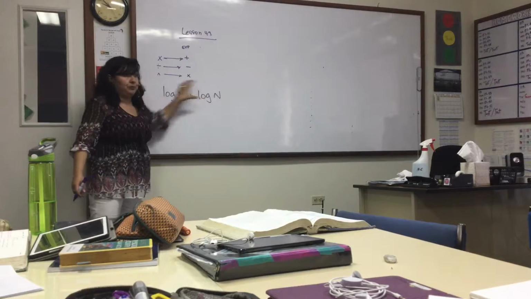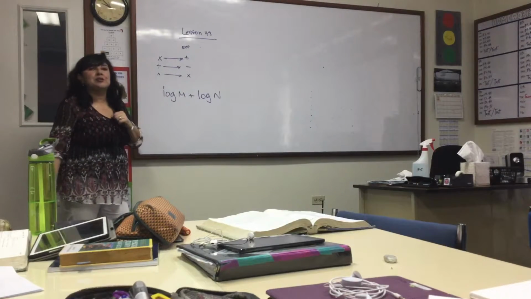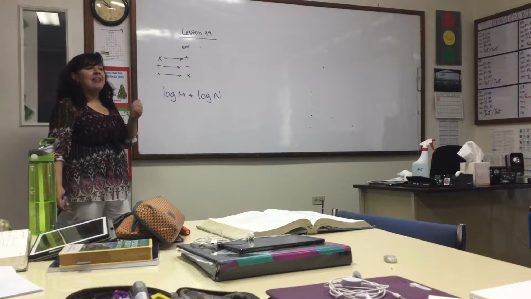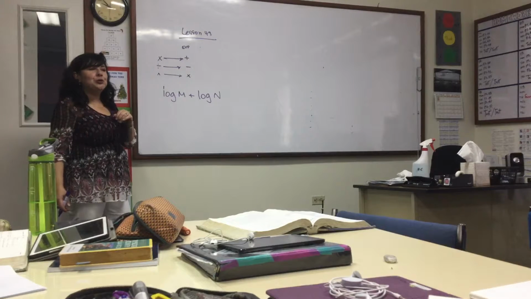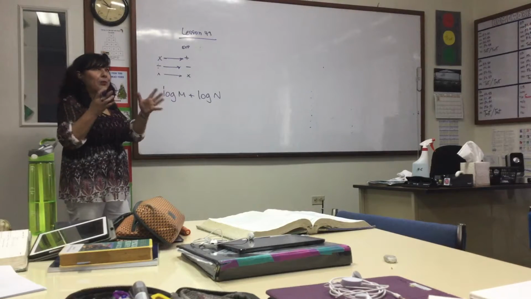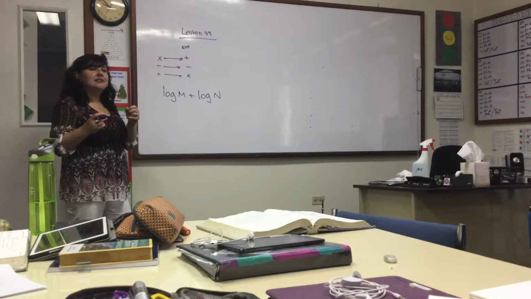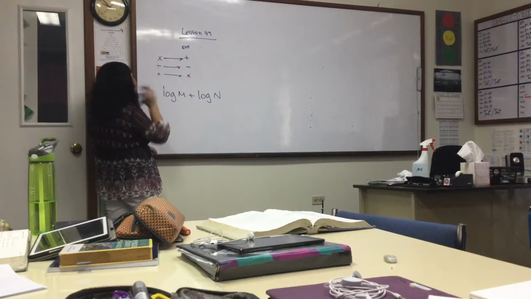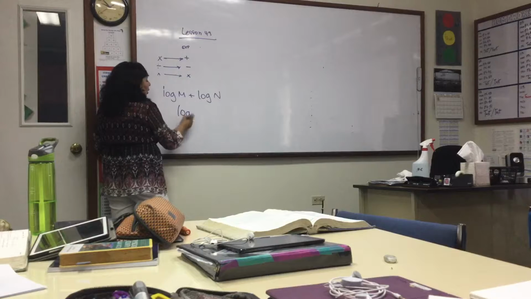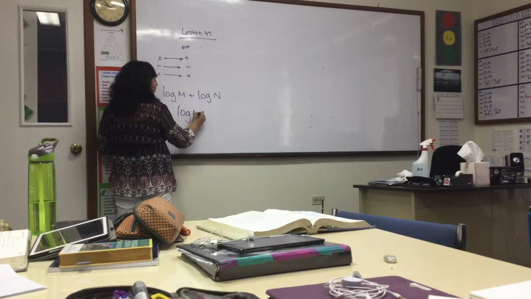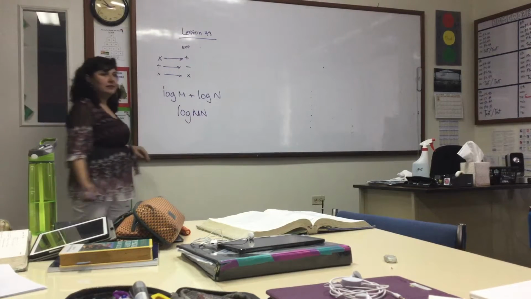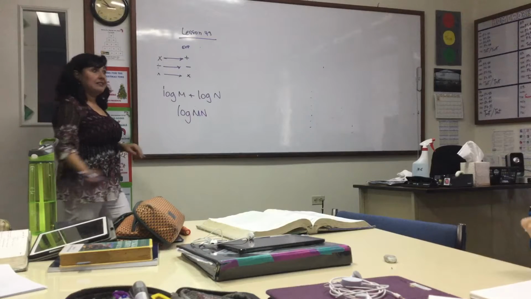These are exponents that you're putting here. So if you're adding exponents, what operation were you doing? Multiplying. You were multiplying. So this is the same as saying logarithm of mn, right? Does that make sense?